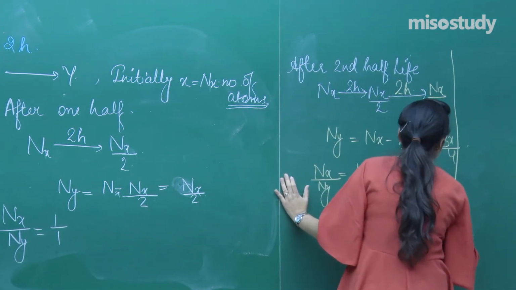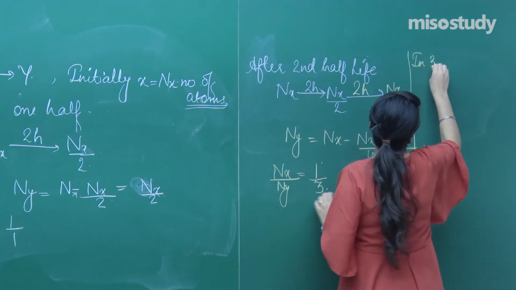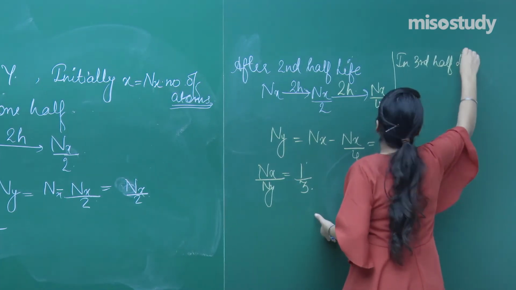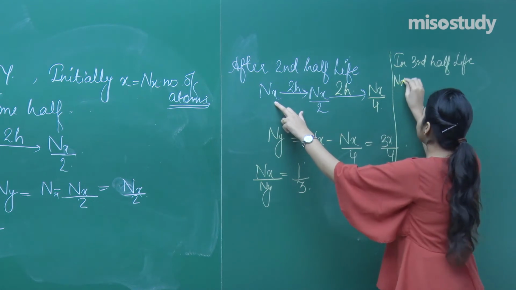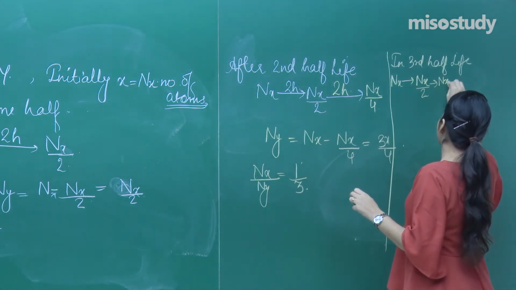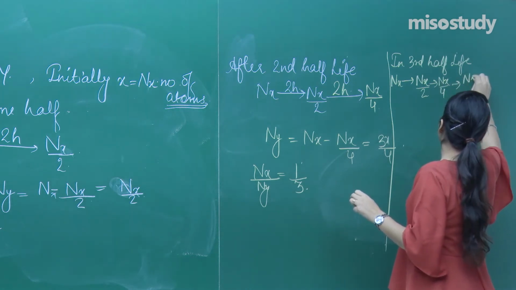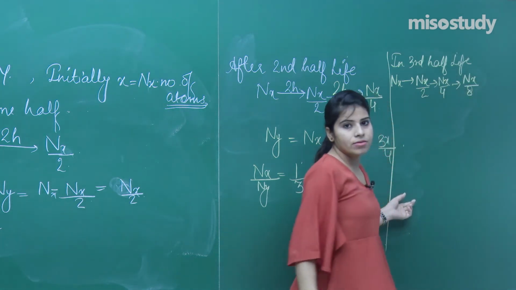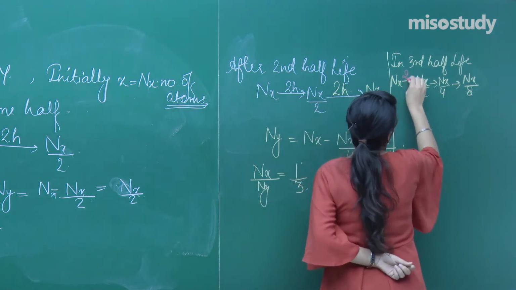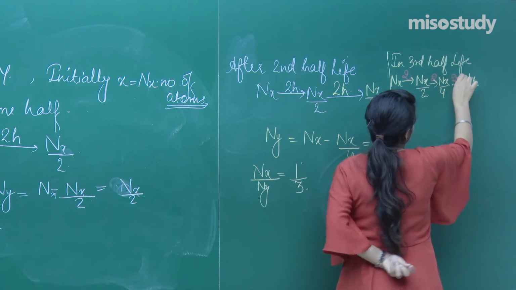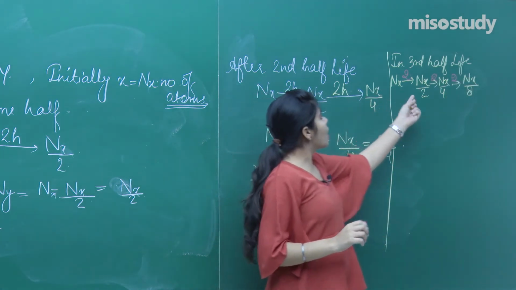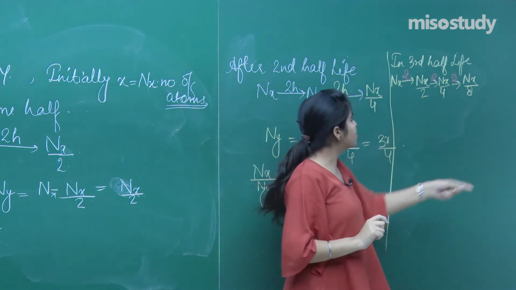In the third half life, earlier it was Nx, then it became Nx by 2, then Nx by 4, and then it will become Nx by 8, half of this again. So total your time will be 2 hours, 2 hours, 2 hours, that means total 6 hours.